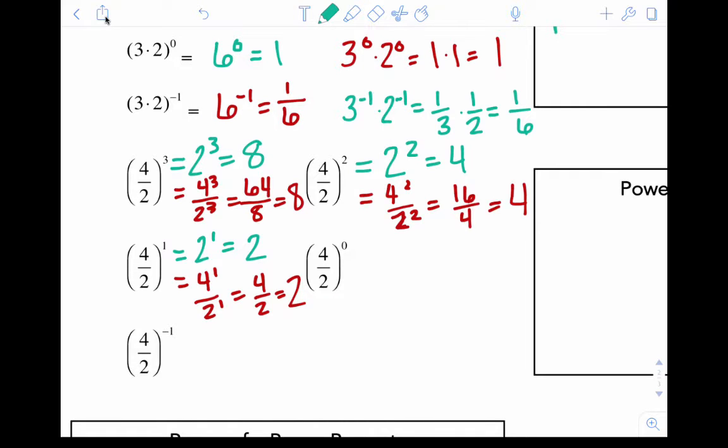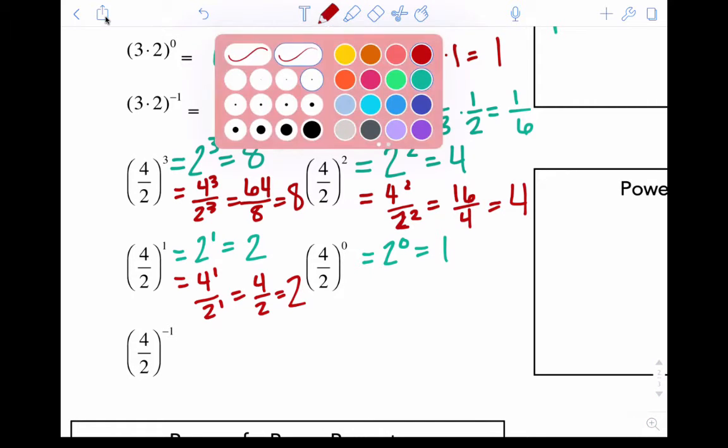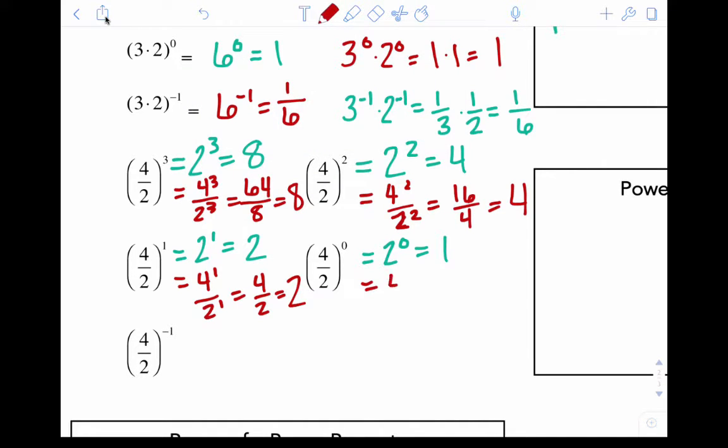Let's try it with the 0, and then let's try it with that negative exponent to make sure it's still working when we don't have that positive exponent. So 4 over 2 to the 0 power, 4 over 2 is 2, 2 to the 0 is 1, and now distributing, I get 4 to the 0 over 2 to the 0, which is 1 over 1, and that equals 1.